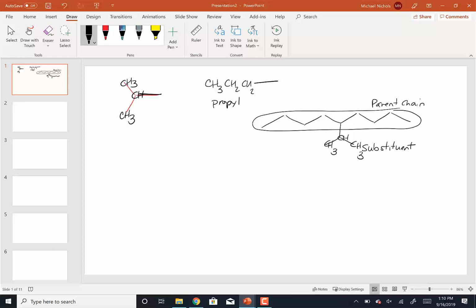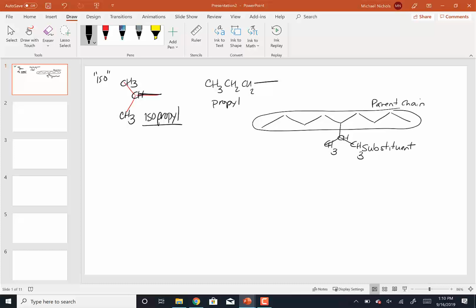It's the branched ones that have issues, right? They have special names. So this is called isopropyl. 3-carbon chain propyl. An iso group. Again, these are common names. Somebody came up with this, but they did put a system to it.